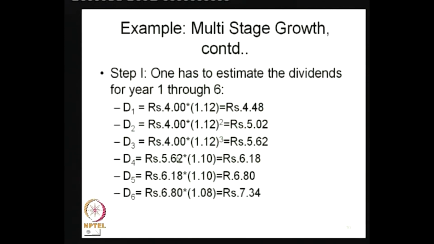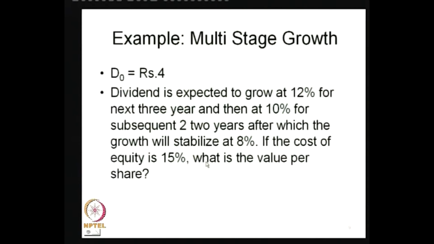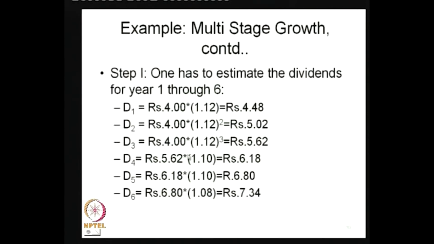D4 is 5.62 into 1.10, because after the third year the growth rate declines to 10% as we have given here. So, the growth rate is 10% for the subsequent 2 years and then it stabilizes to 8%. So, 5.62 into 1.1, D4 is 6.18, D5 is 6.80.